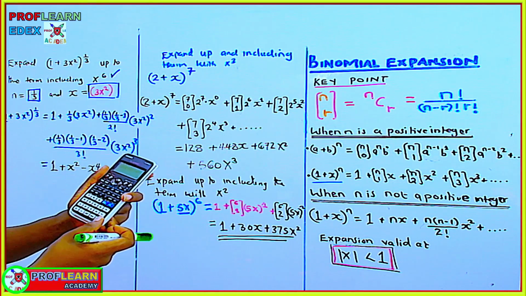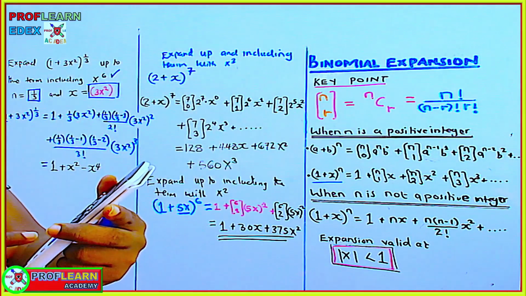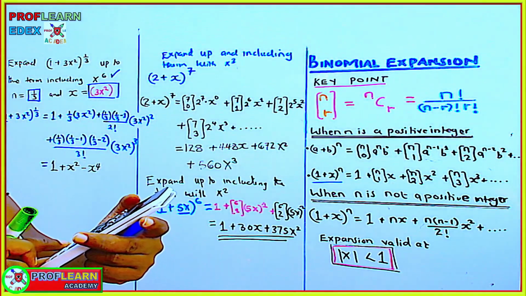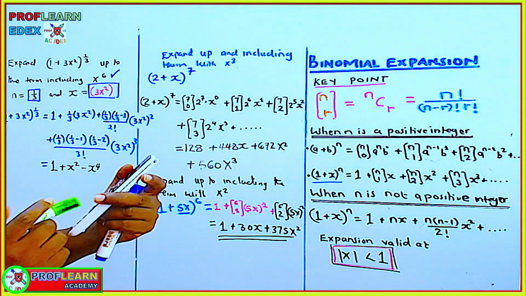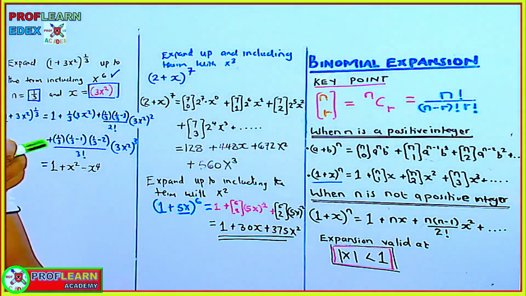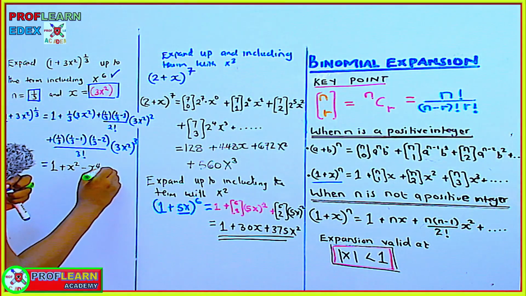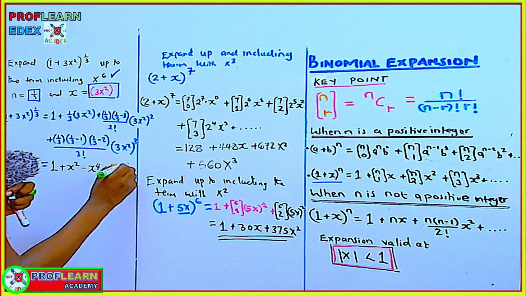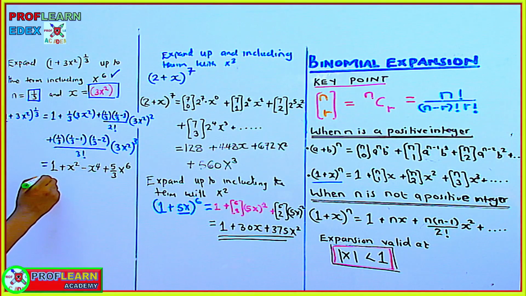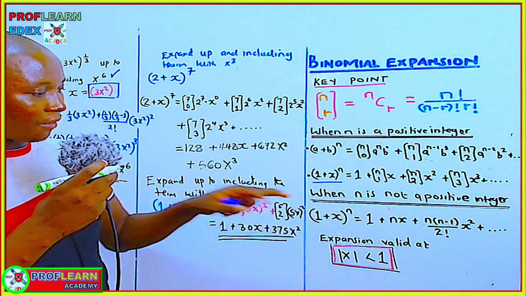I get the answer as 10, and then I divide by 3 factorial, and my answer becomes positive 5 over 3. This would be plus 5 over 3x power 6. So this is the expansion now using this particular formula.